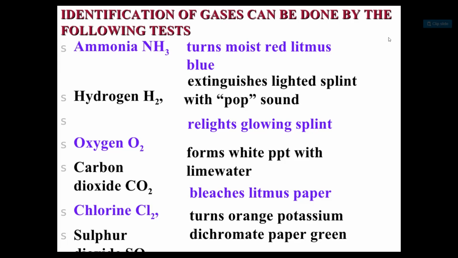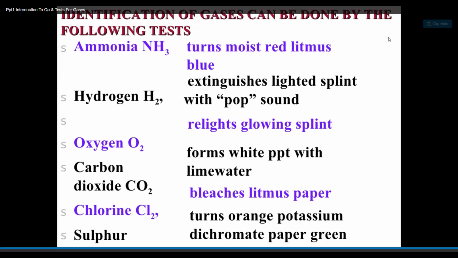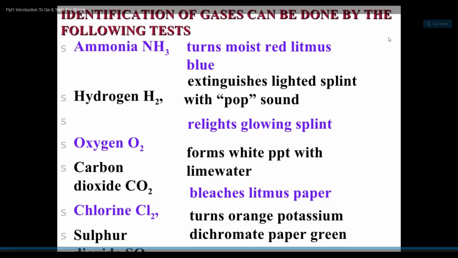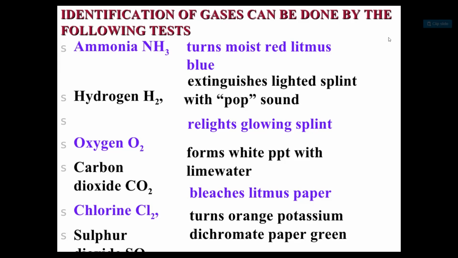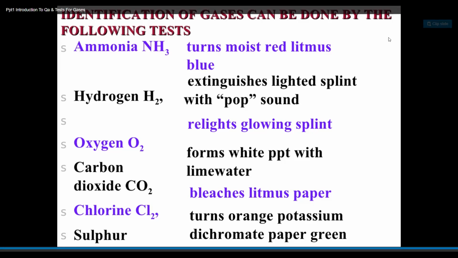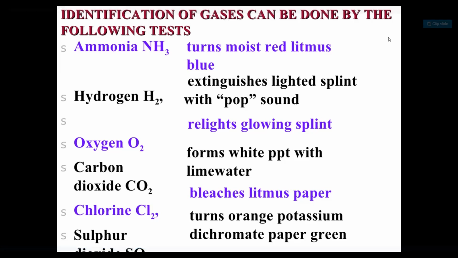And carbon dioxide will extinguish the fire, because carbon dioxide gas is used for extinguishing or decreasing the flame. To test carbon dioxide gas, we put a glowing splint into the carbon dioxide, and it will be extinguished.